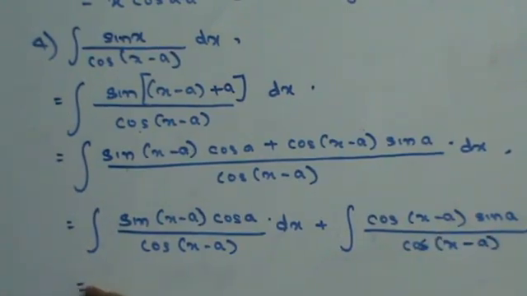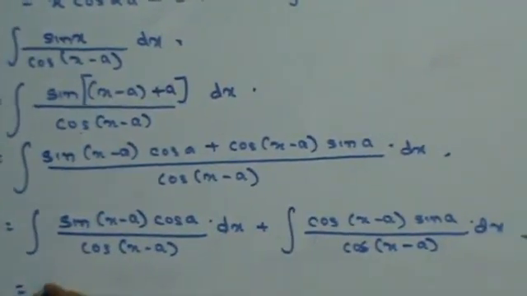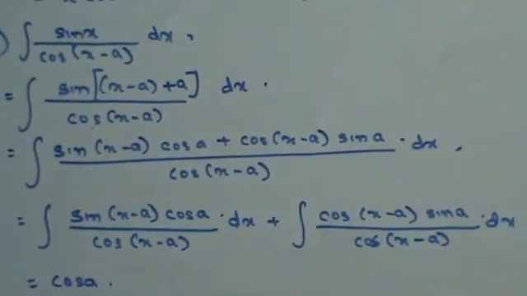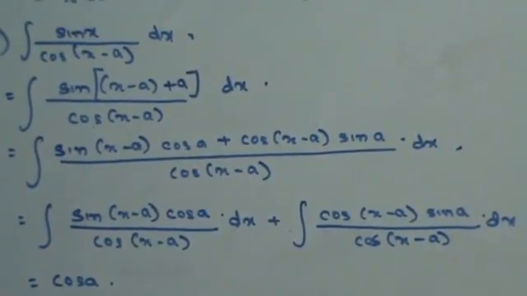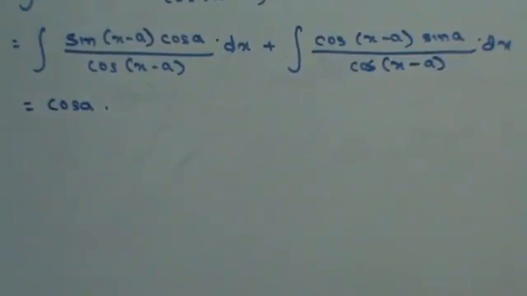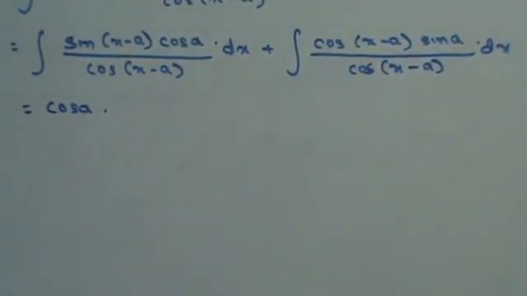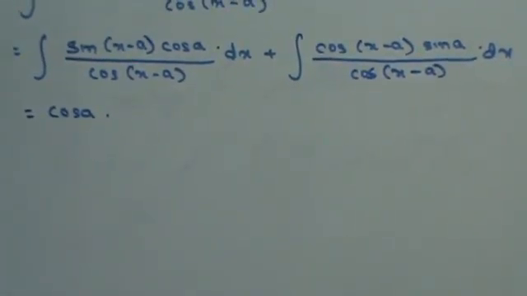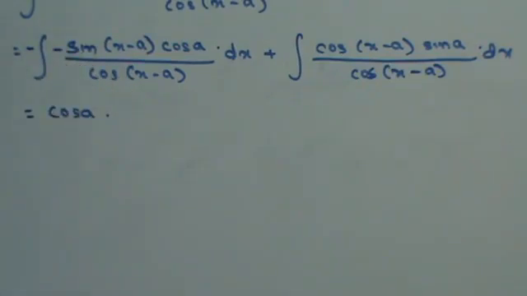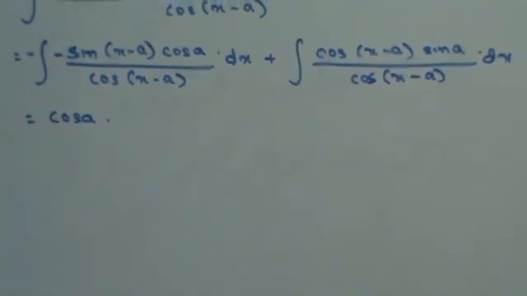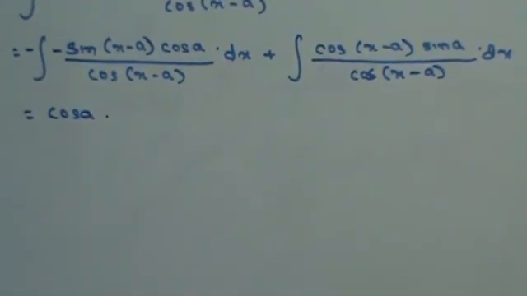Now here I could take cos a constant outside. d/dx of cos(x minus a) is minus sin(x minus a). To make the numerator the derivative of the denominator, I will multiply by a minus sign outside and inside. So now my numerator becomes the derivative of the denominator.